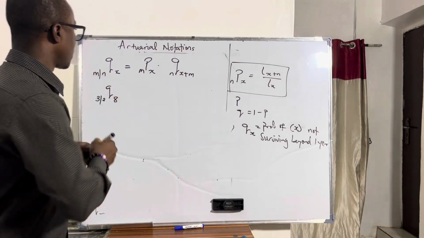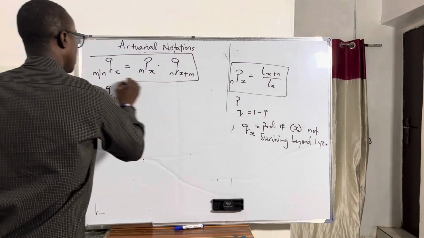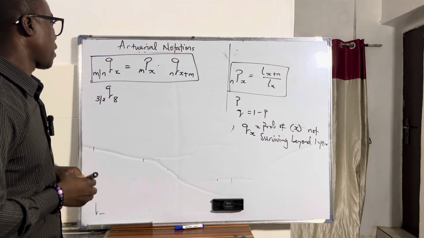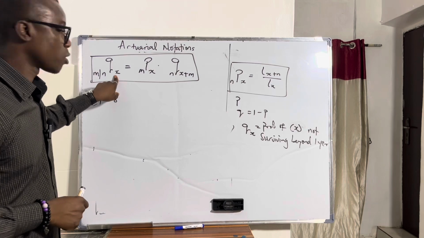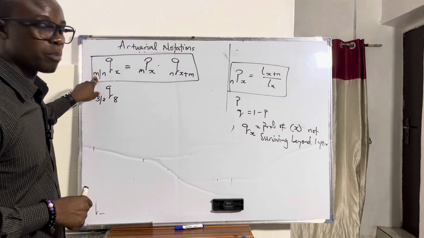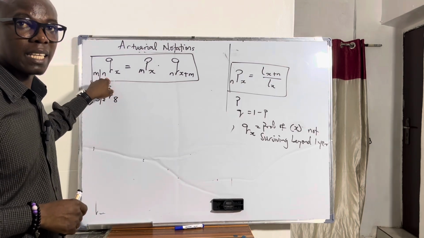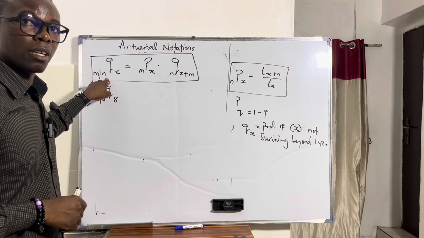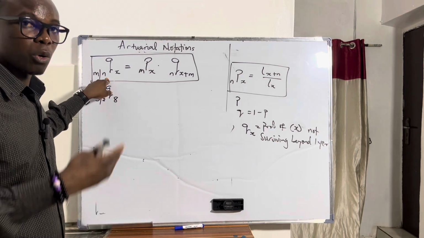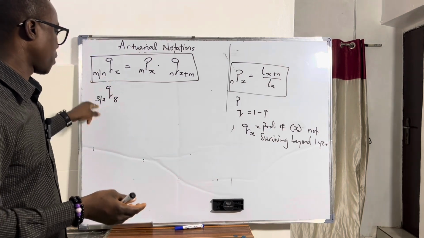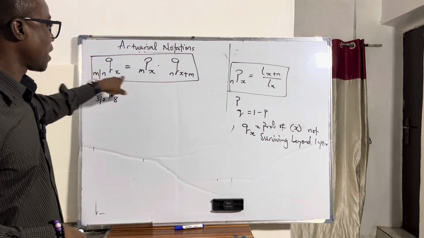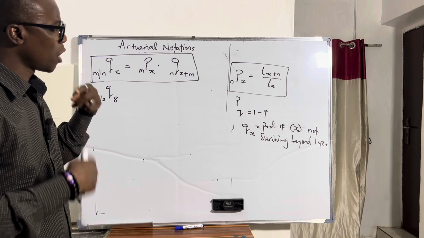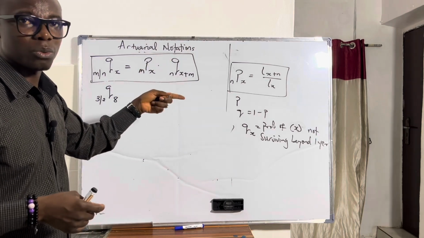So from the interpretation, I'm able to derive that this is a probability of a life age X surviving the next m years but dying in the next n years, or not surviving beyond these n years. So we have something like this. We can as well relate it to the others.